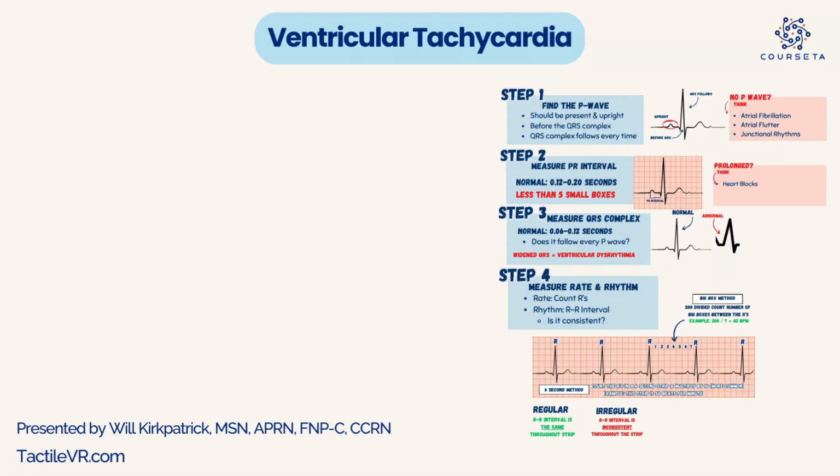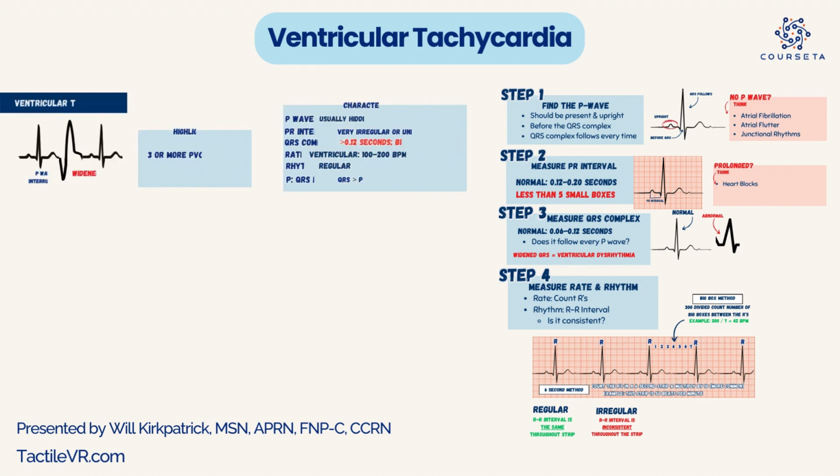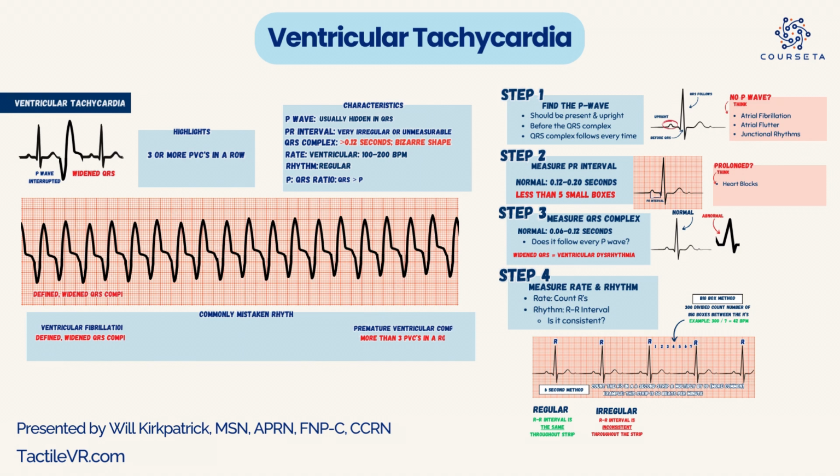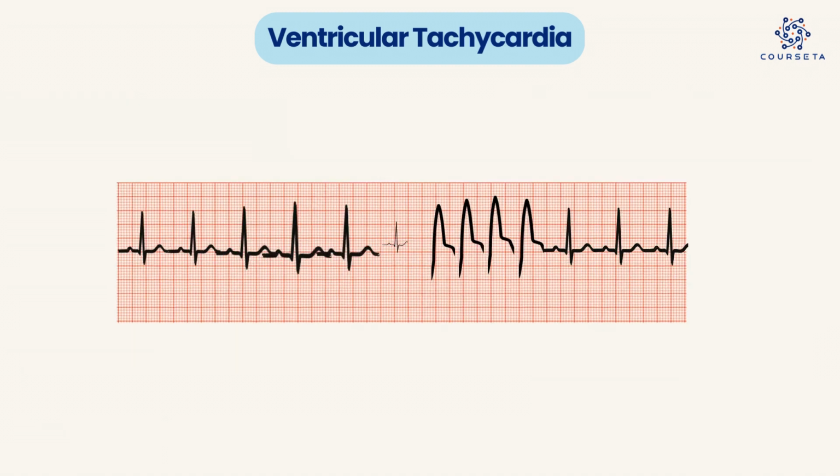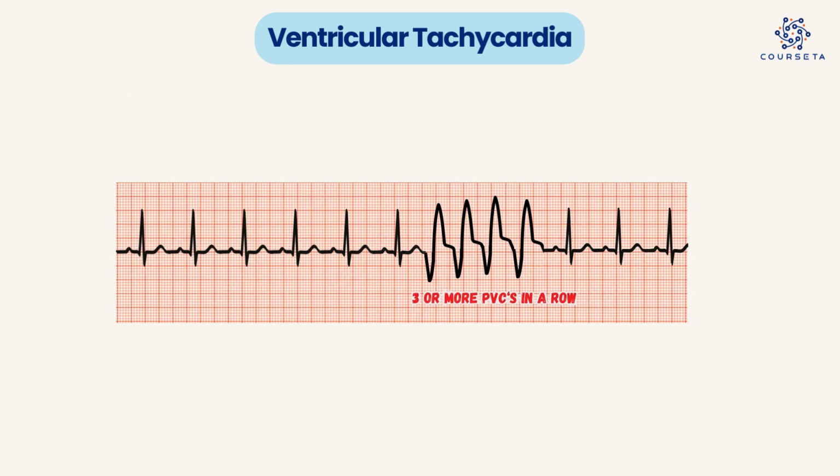Ventricular tachycardia is defined by 3 or more PVCs in a row. Now, this is very important. As you can see here, we have a very consistent widened QRS complex in this example, but take a look at this. We have another example of ventricular tachycardia, but it looks like there's an underlying rhythm, right?